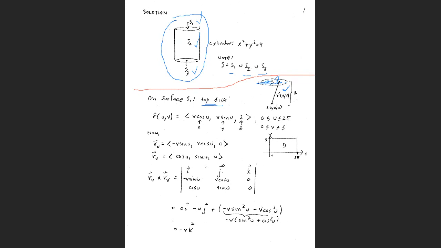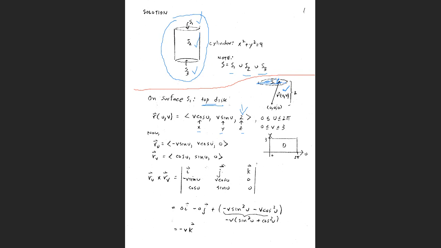How will that happen? Well, first of all, the top disk has z equals 2. So in the parameterization for the top disk, you have an x, a y, and a z component. The z component is 2 because the disk is 2 units above the xy plane.